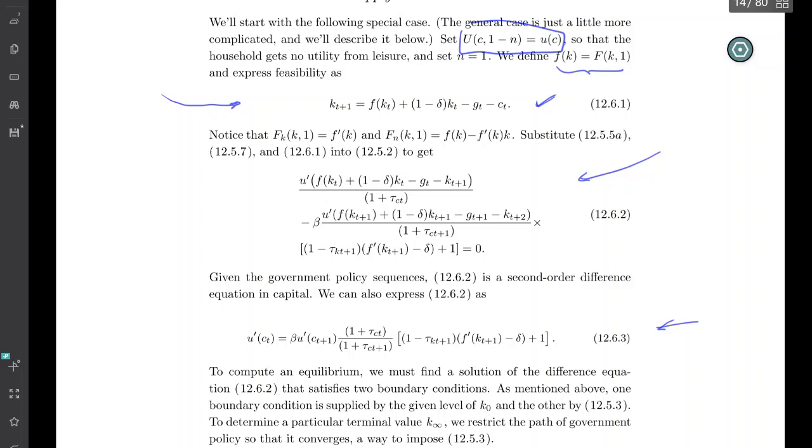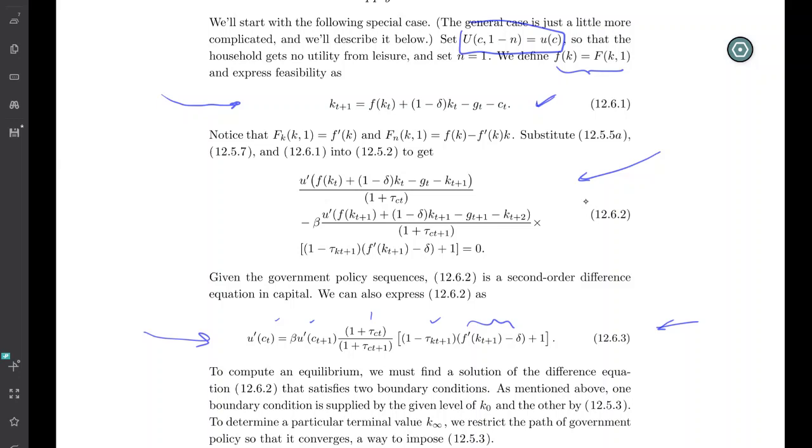That involves consumption and capital, given government expenditures. And this involves consumption at different dates. It's got an Euler equation. It involves taxes at different dates, a tax on capital, and involves this. This came from the rental rate on capital, the marginal product of capital minus delta. So this is one of the equations that we're going to want to solve.